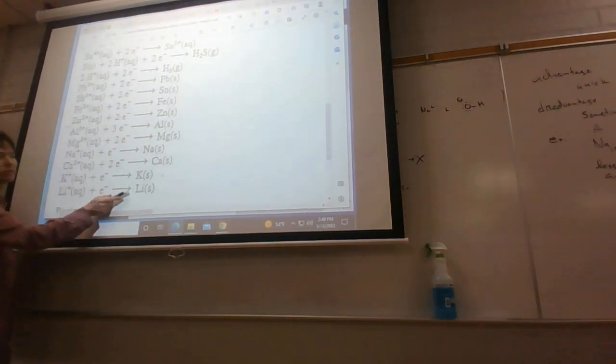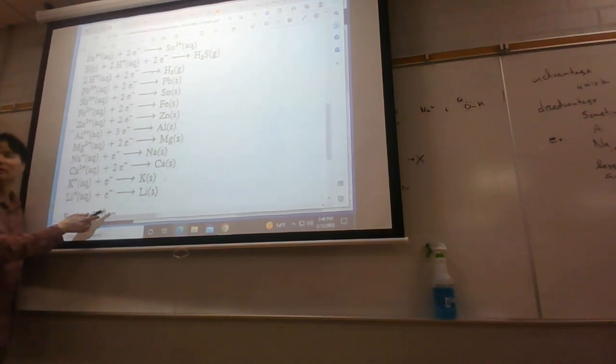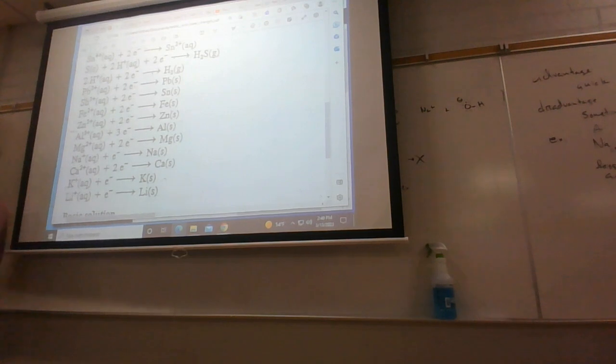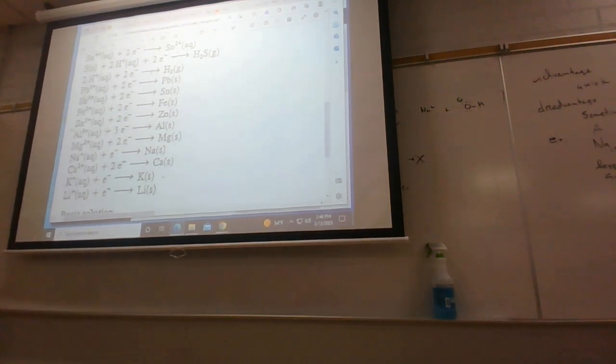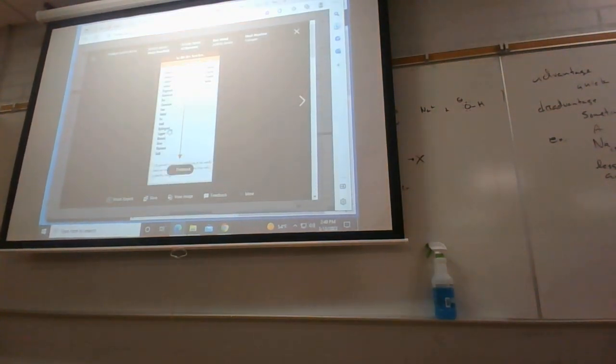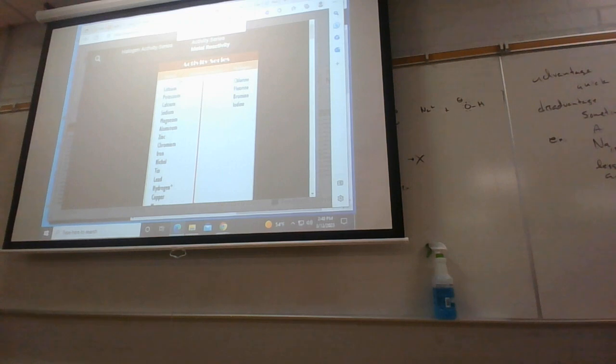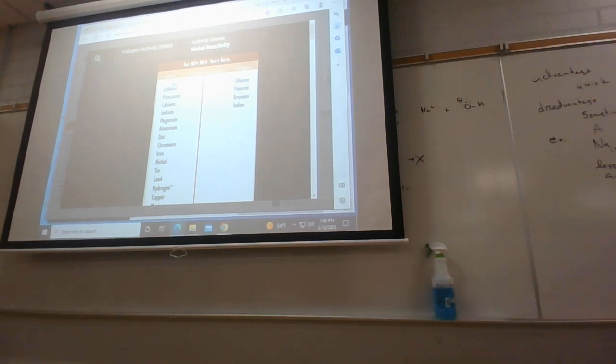Now take a look at the reducers here. It goes lithium, potassium, calcium. Have you seen that before? You might have seen that before. Because look at lithium, potassium, calcium. We've seen it before, except we called it the activity series.